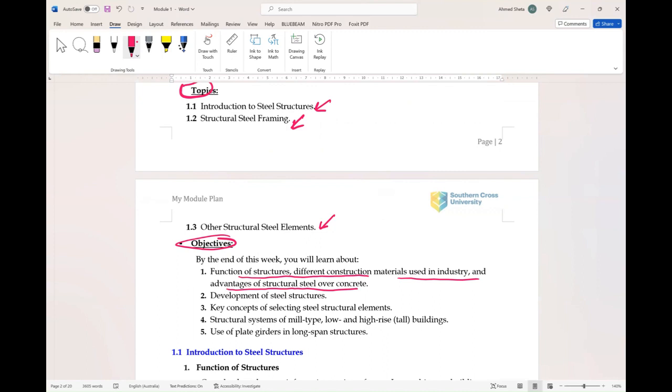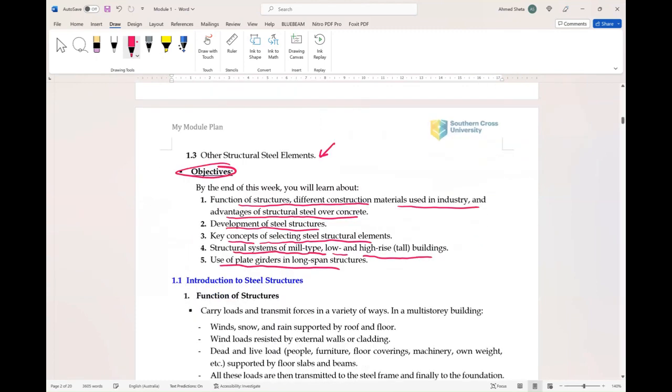The second is to know about the development of steel structure. The third is the key concepts behind selecting steel structure elements. The fourth is structure systems of mill type, low and high-rise or tall buildings. The fifth and last is the use of plate girders in longer span structures.